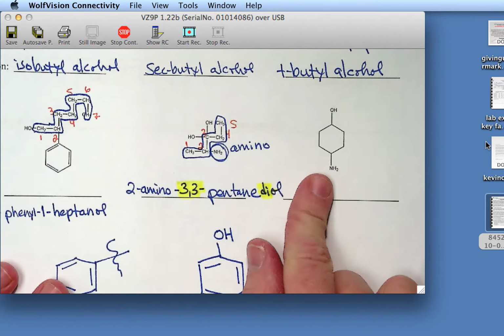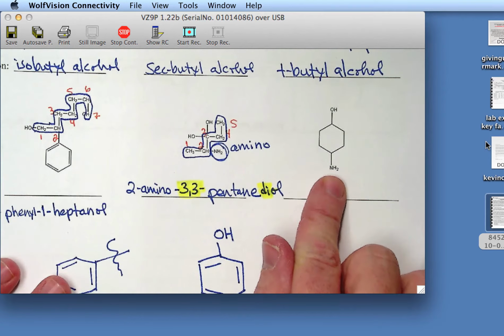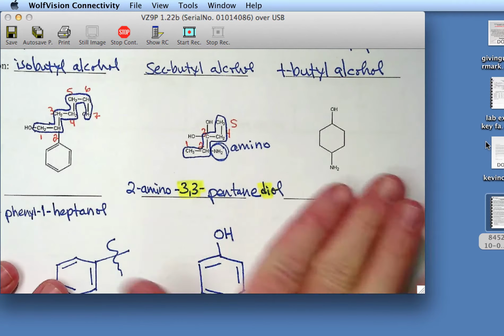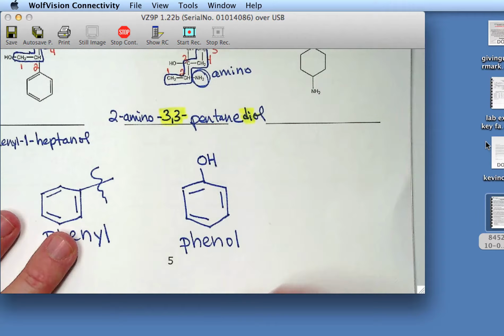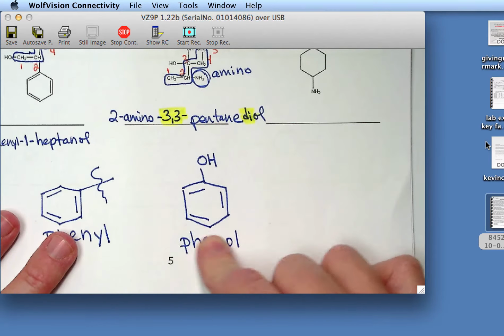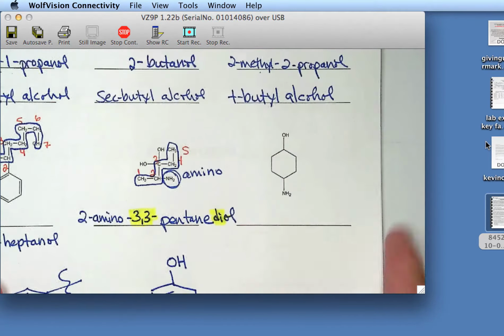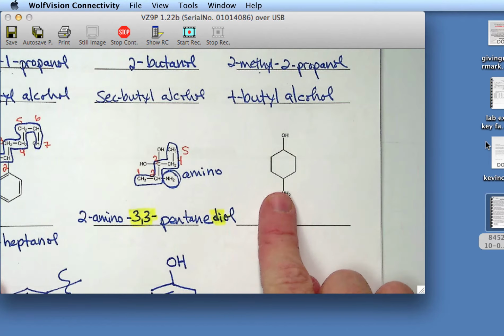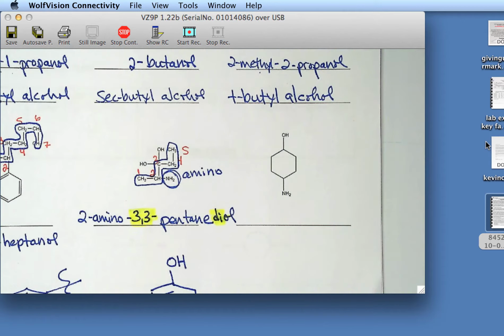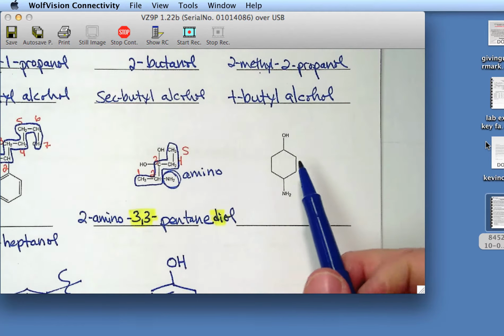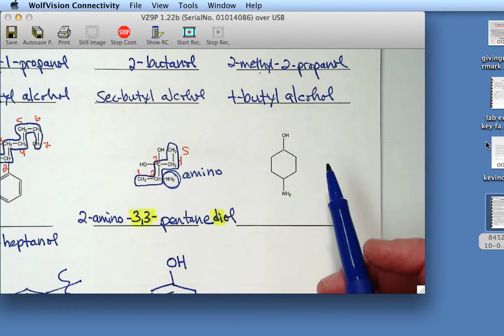This last structure is a cautionary example because remember what we learned down here. This is phenol. This is not phenol because it doesn't have the alternating single and double bonds. If you don't put the cyclo, it will go psycho. Whatever you can say to yourself to make yourself remember the cyclo part.